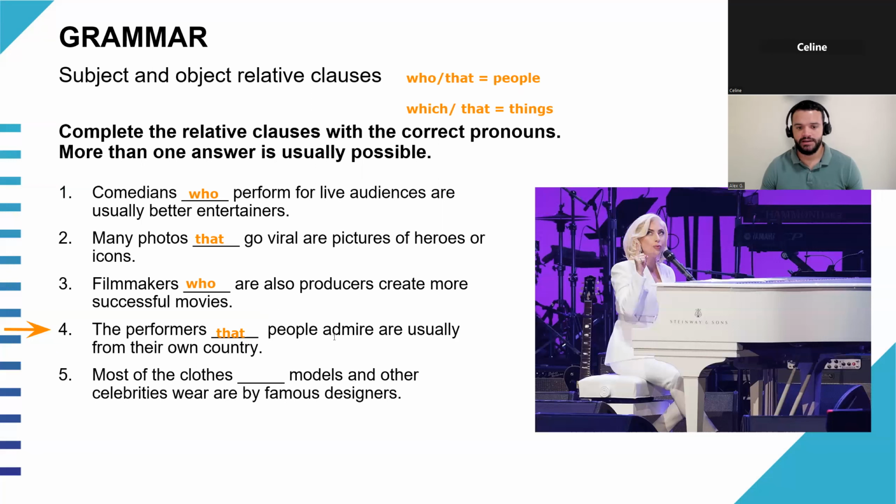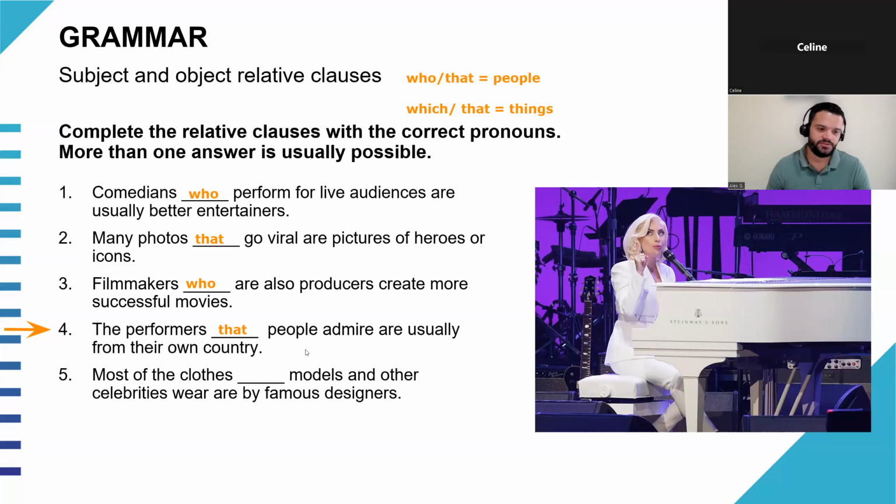Let's repeat admire, admire. Admire, okay? The performers that people admire are usually from their own country.